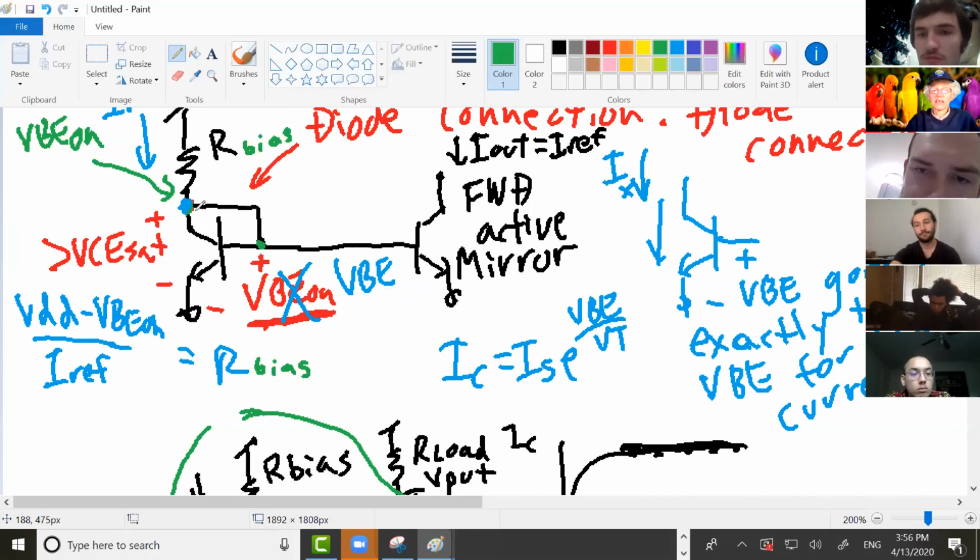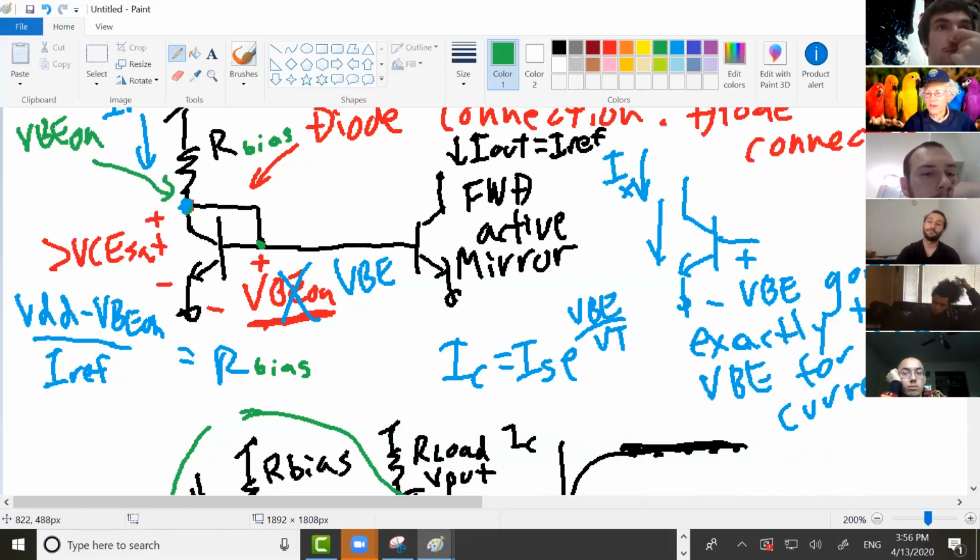And you realize that you've got a VBE on that the transistor eats up, and you've got your supply voltage. In lab, I think it's 10 volts. Is that right? Oh, okay. So it's 10 volts, and then whatever VBE on is like 0.7. So you have to drop like 9.3 volts across this resistor.